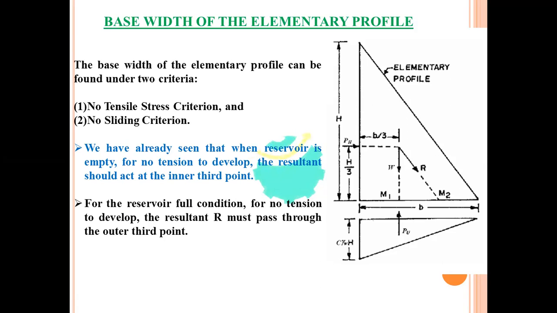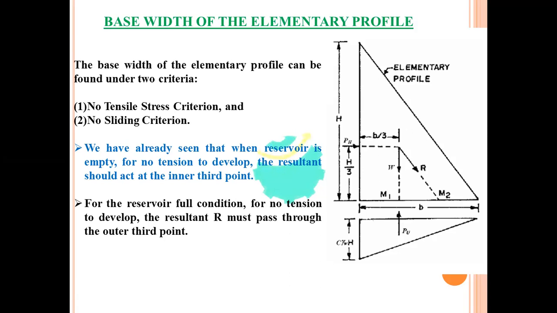We have already seen that when the reservoir is empty, for no tension to develop, the resultant should act at the inner third point. So first we look at the design for no tensile stress.